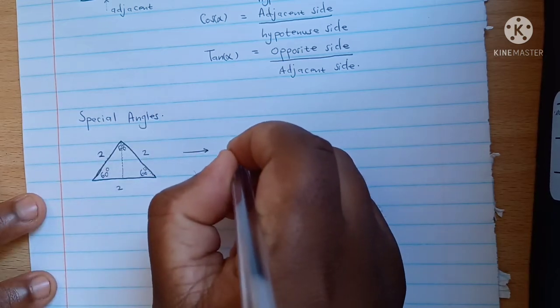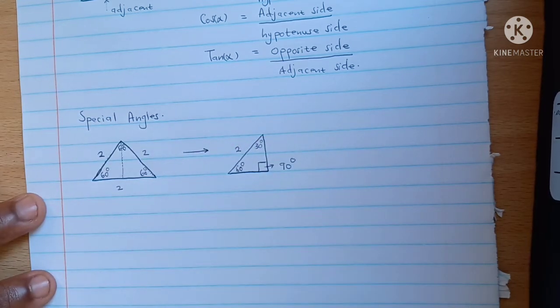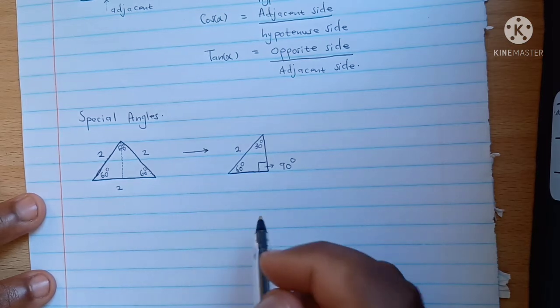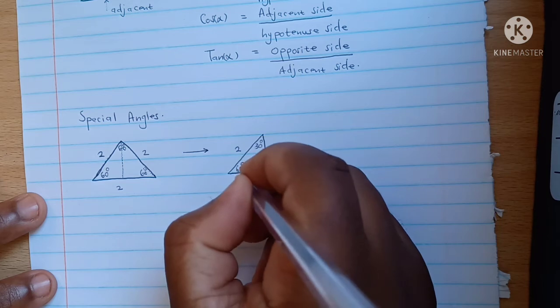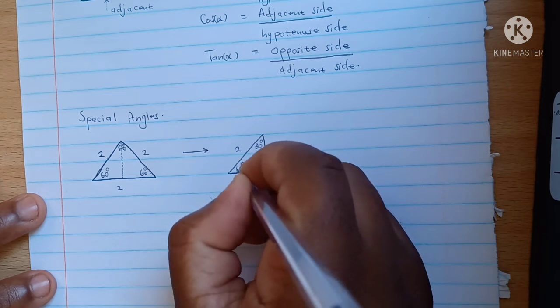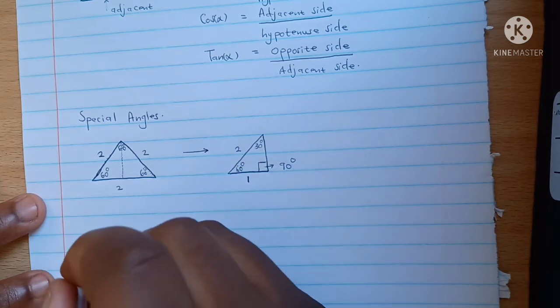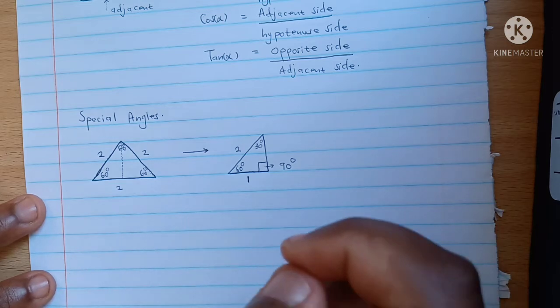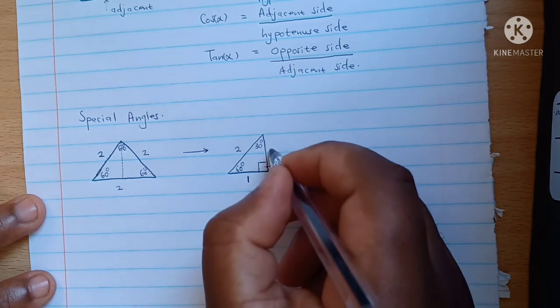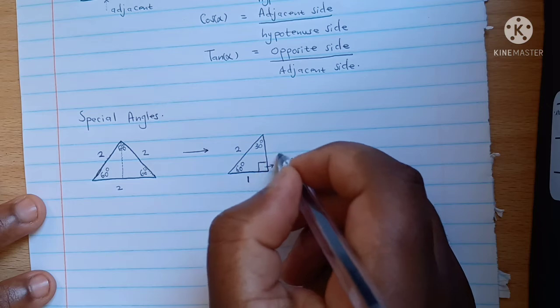Now, remember we cut this thing in half, but we still have this side intact, meaning that we still have our side as 2 there, right? We still have our side here as 1. Then we need to find this side.